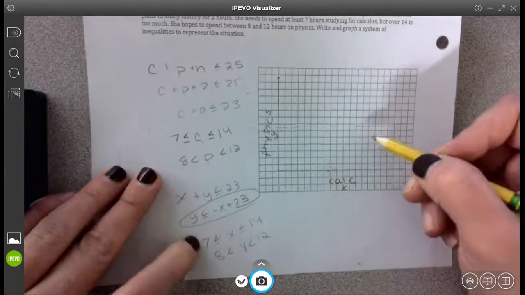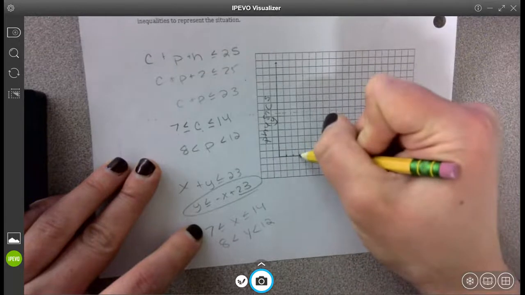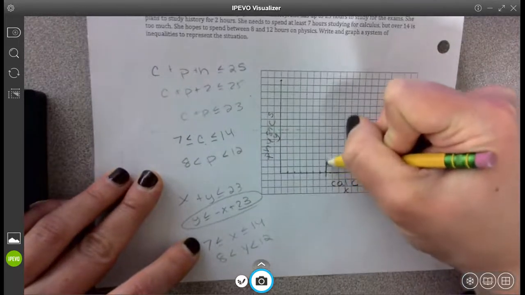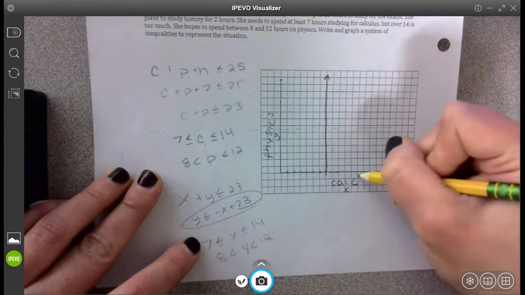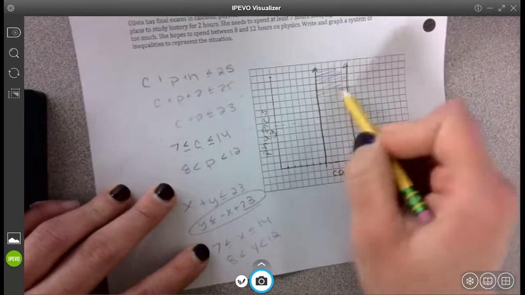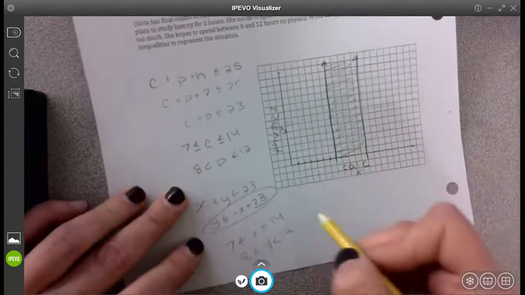So if you go to calc, which is your x, 1, 2, 3, 4, 5, 6, 7. So between 7, 8, 9, 10, 11, 12. So you're going to study this many hours for calc in between. You could study this many hours for physics.